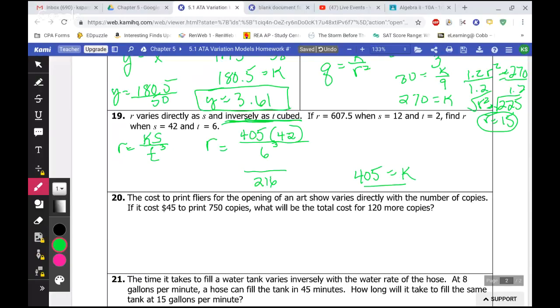And 405 times 42 is 17,010 divided by 216. I got 78.75. That's what I got. Good job.